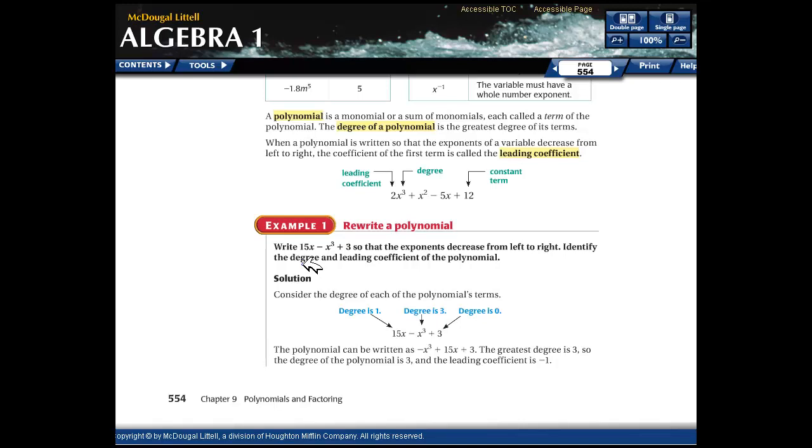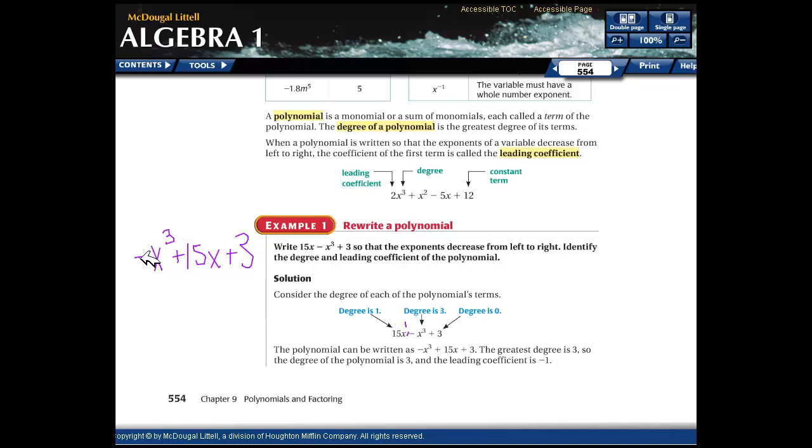Identify the degree and leading coefficient of the polynomial. So consider the degree of each one. This is first degree, because that would be the variable. Third degree, 0. So if I put this in descending order of the variable, negative x cubed would come first, positive 15x, and a plus 3, because that has no variable at all.